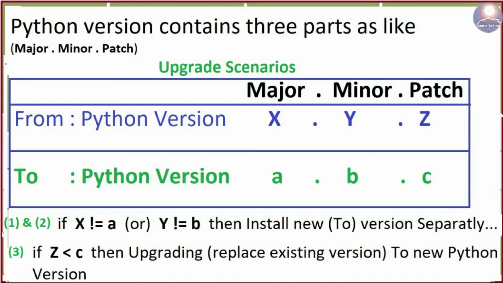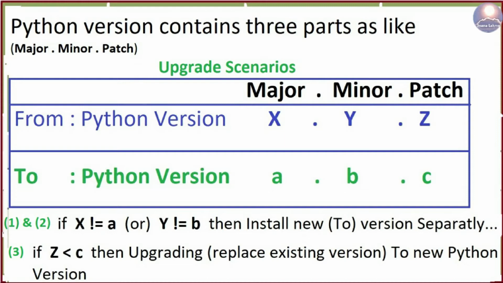Generally, a Python version contains three parts: major dot, minor dot, patch. These are the possible upgrade scenarios when upgrading Python from one version to another. If the major part of the versions is not equal or the minor part of the versions is not equal, then the Python setup wizard installs a new version separately, side by side on the same system.